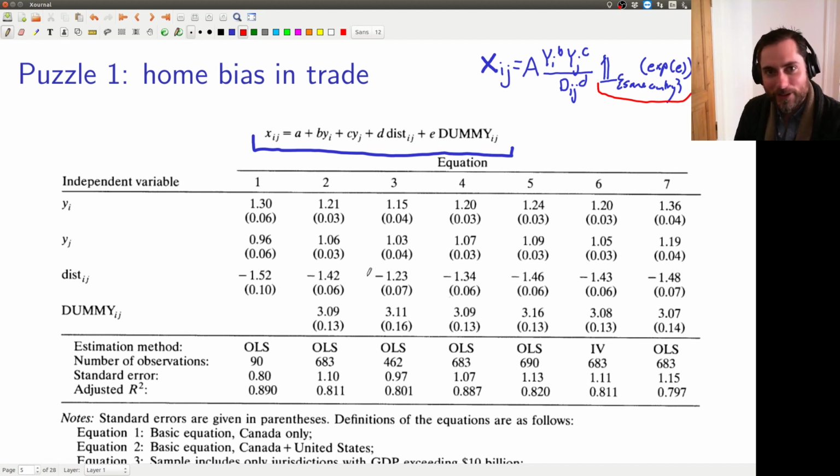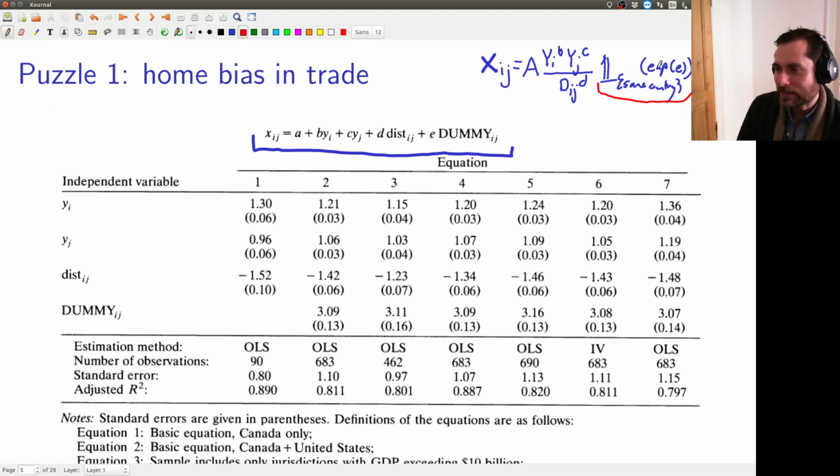But then the really interesting thing is this dummy term here. So I said it should be negative, but actually if I and J are in the same country, we expect that to scale up trade. So we expect this to be positive, actually. And sure enough, it is positive. And you can see it's estimated to be around 3, just a little bit above 3 maybe. So what does that mean?